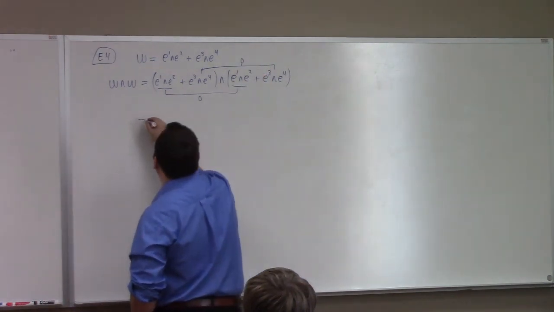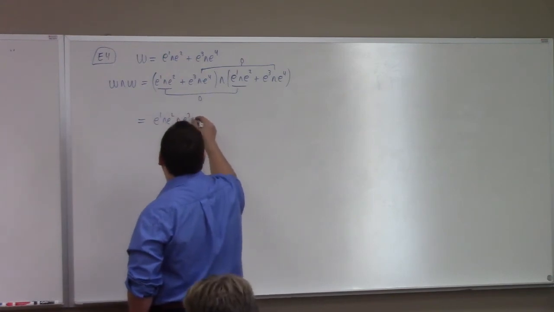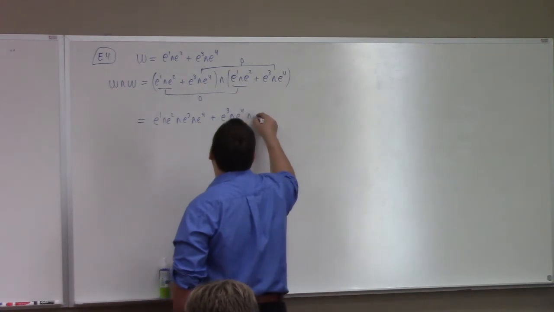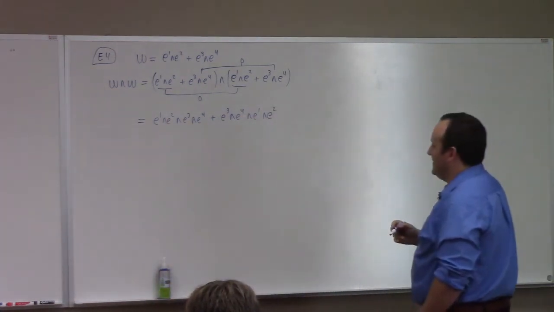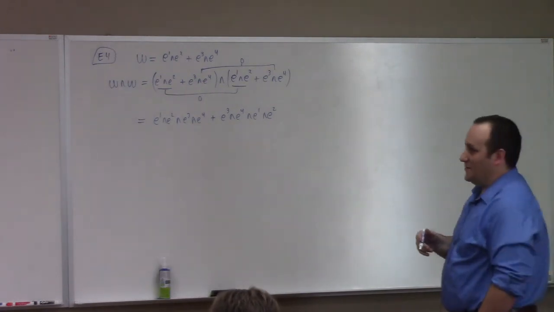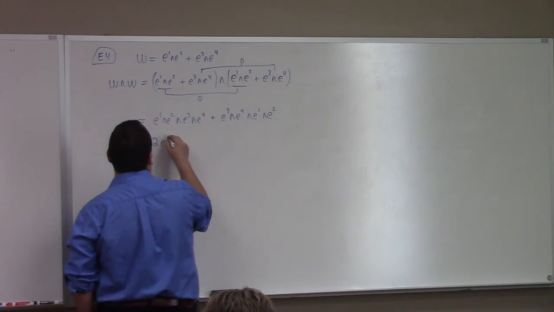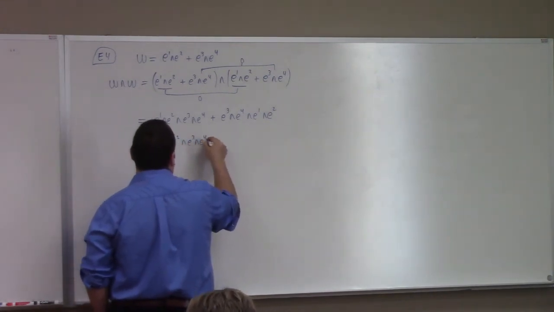So the only thing I have to worry about is E1 wedge E2 wedge E3 wedge E4, plus E3 wedge E4 wedge E1 wedge E2, which you can collect into one term. This is 2 times E1 wedge E2 wedge E3 wedge E4.